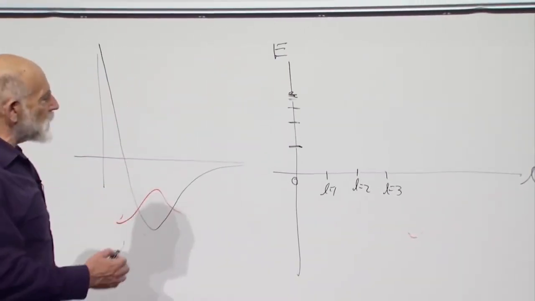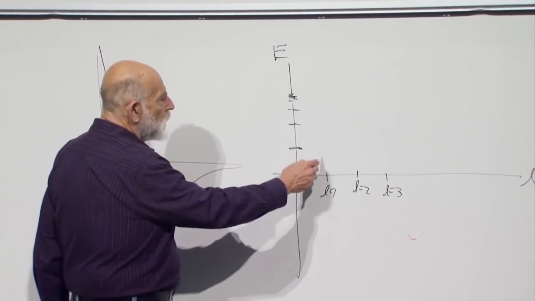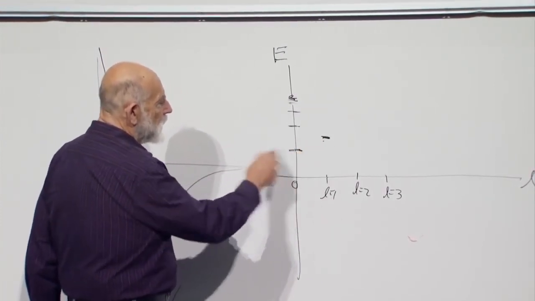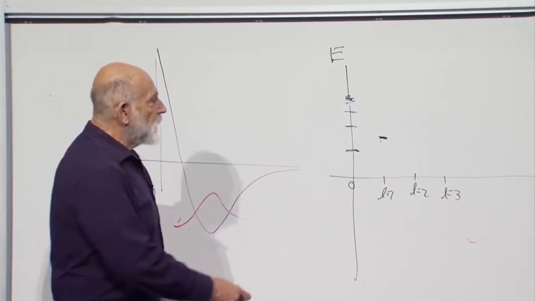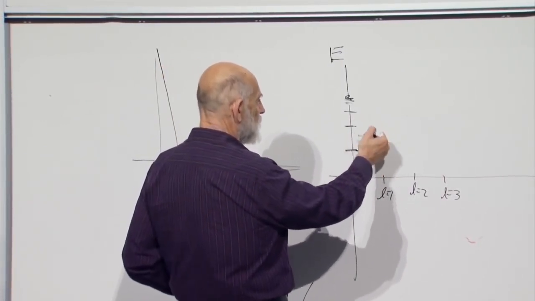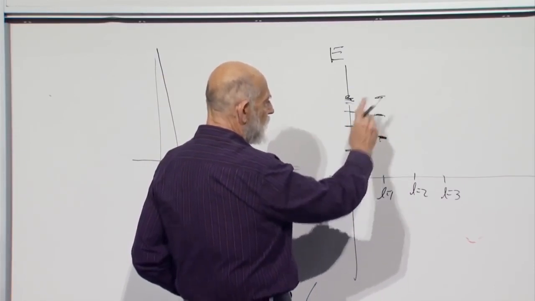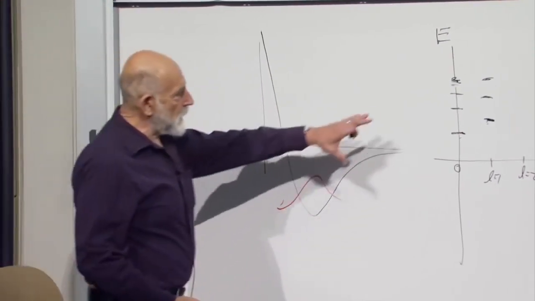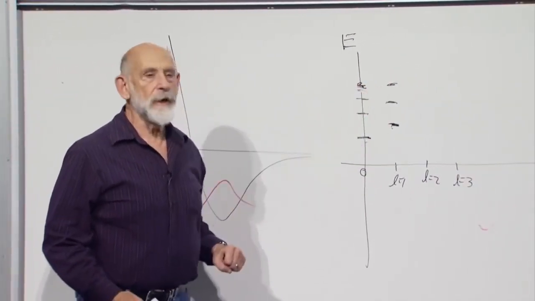So the L equals 1 state with no nodes will lie somewhat above the corresponding state with L equals 0. Likewise, the state with 2 nodes lies above this one. The whole spectrum will move up a little bit because the angular momentum is higher.